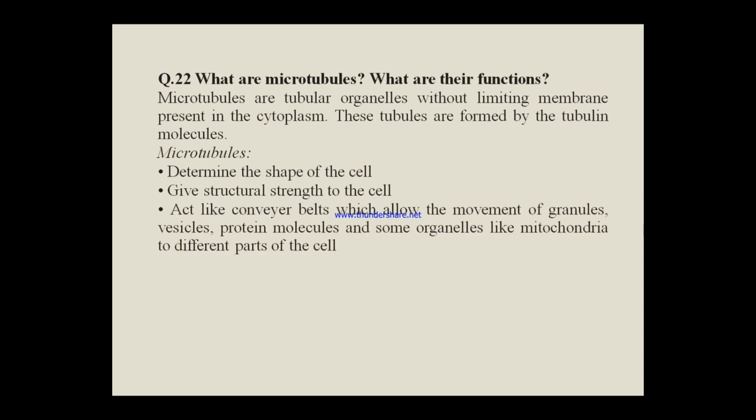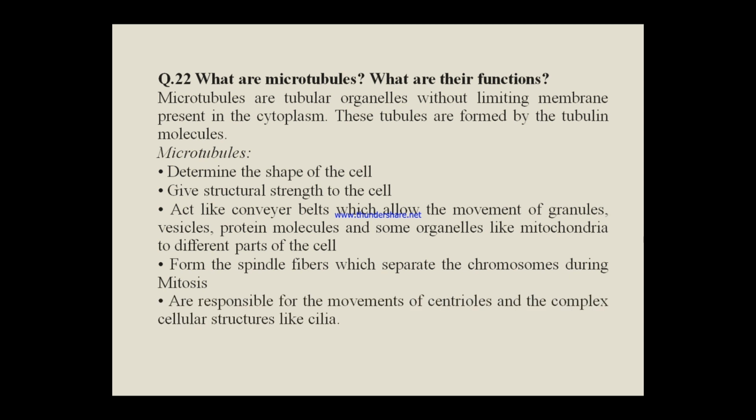They give structural strength to the cell and act like conveyor belts which allow the movements of granules, vesicles, protein molecules, and some organelles like mitochondria to different parts of the cell, and also form the spindle fibers which separate the chromosomes during mitosis. They are also responsible for the movements of centrioles and complex cellular structures like cilia.